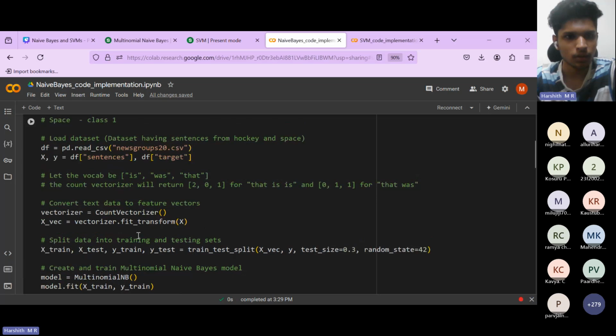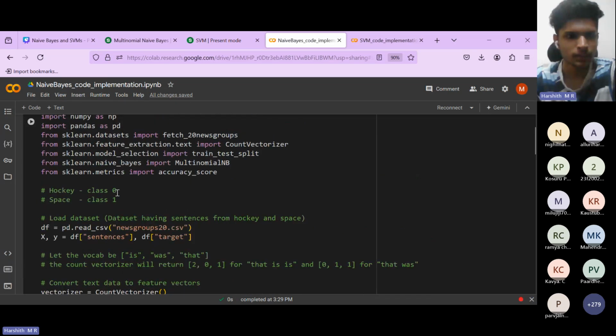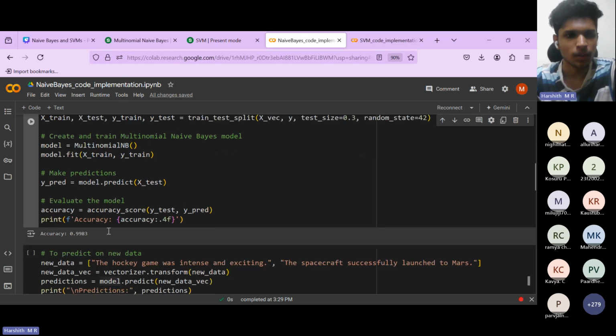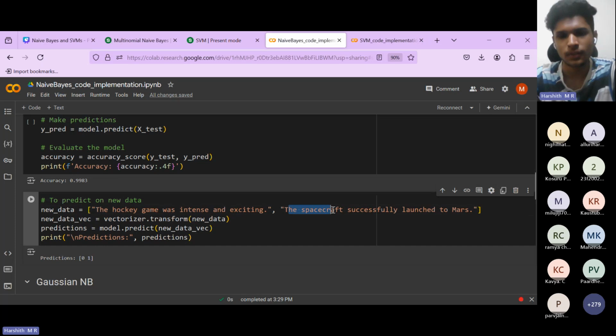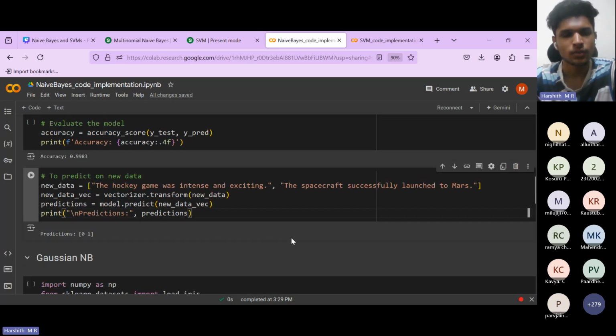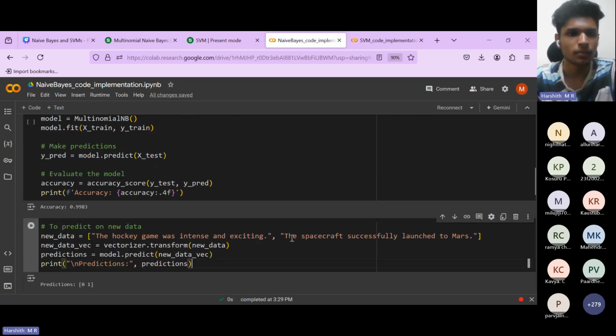I think I told you that hockey is class 0 and space is class 1. So our model is classifying correctly. It classified this as hockey and this sentence as being from space. This was about the implementation of multinomial naive Bayes.